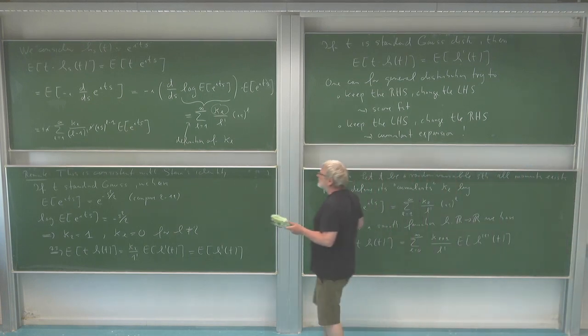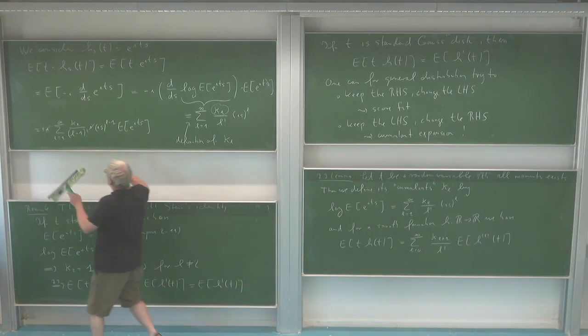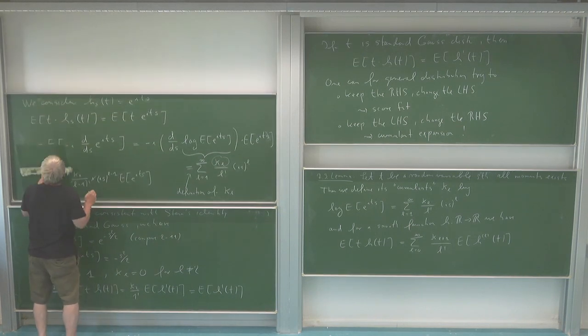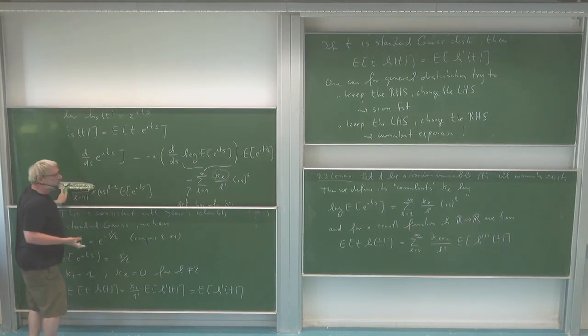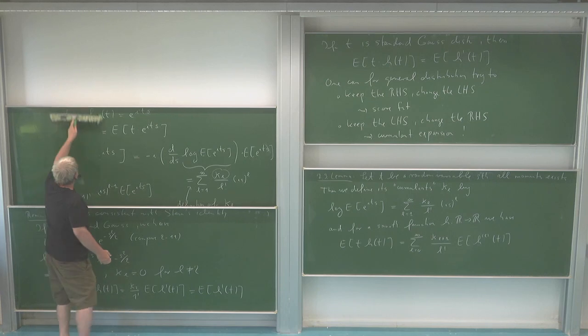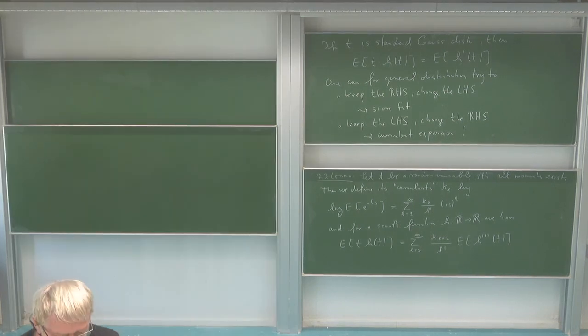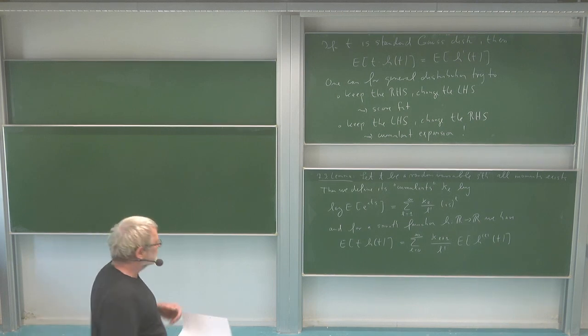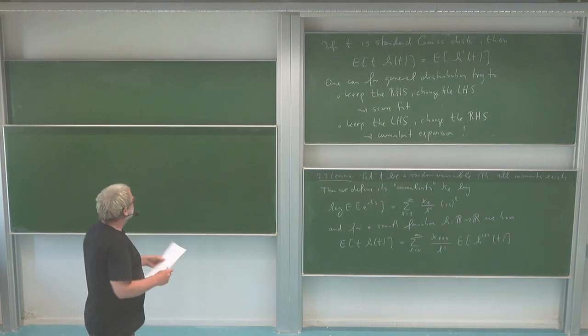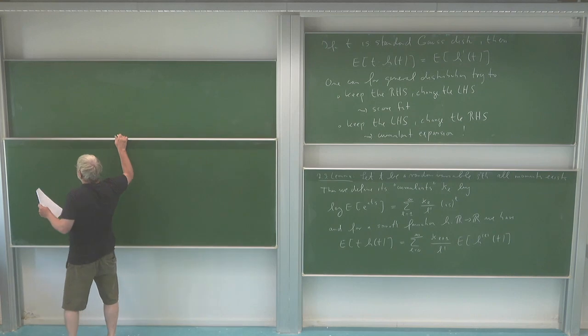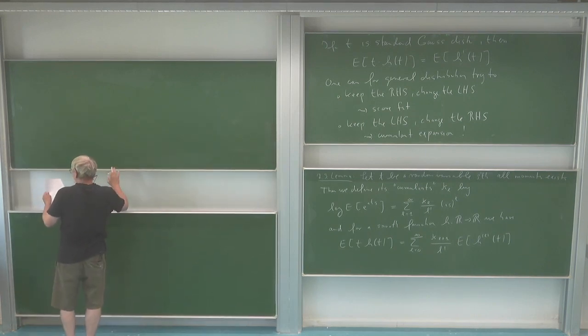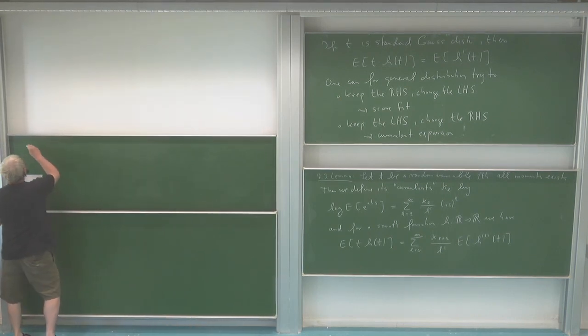So let me give you the statement, and of course the definition of the cumulants in this higher dimensional case, because we also need this. Let me officially define the cumulants, not putting it into the theorem, but they are so important that we should put them as an official definition.